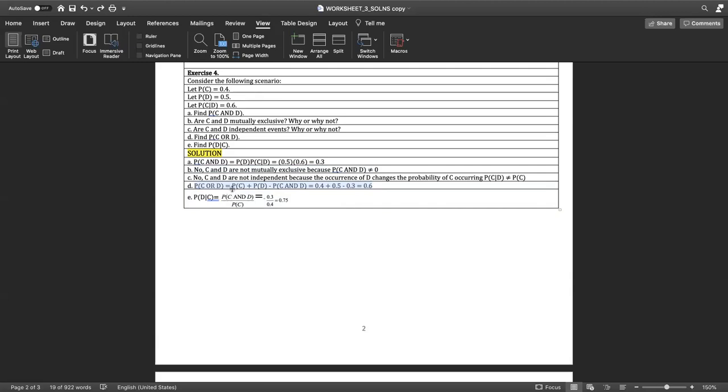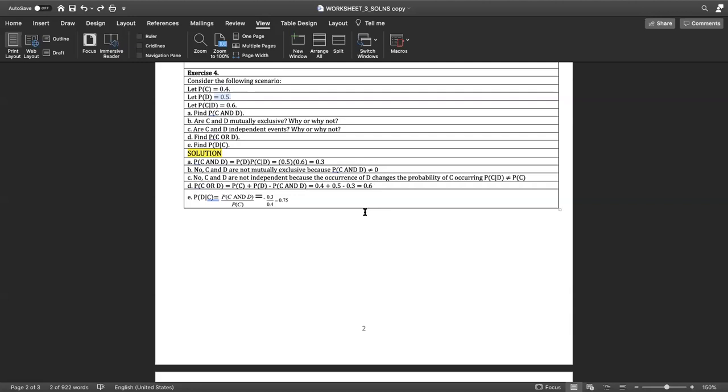And the so-called addition rule for probability tells us that it's the sum of the probabilities of C and D minus the probability of their intersection, okay? And we have, in the scenario, the probability of C is 0.4, the probability of D is 0.5, then we subtract the probability of their intersection, and that's 0.3, and when we add 0.4 and 0.5, subtract 0.3, we get 0.6, okay?